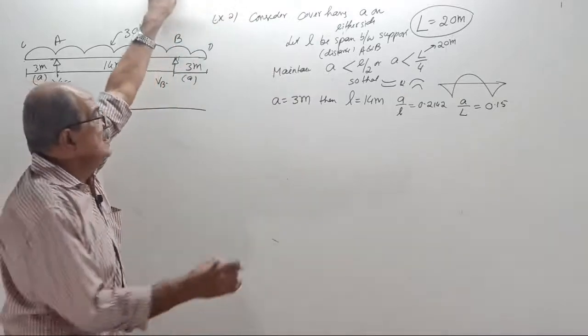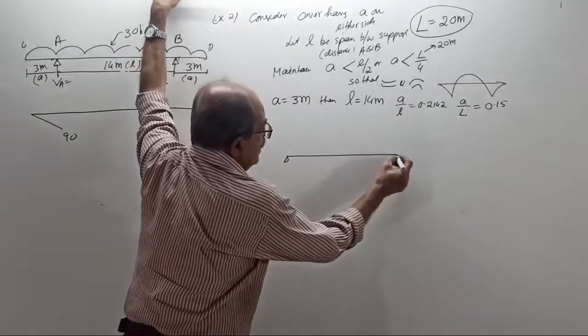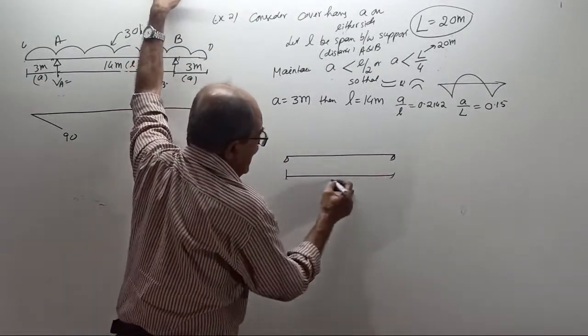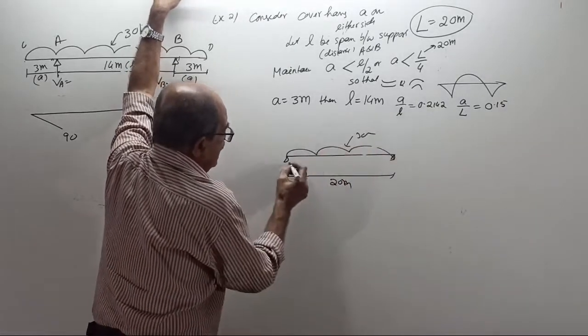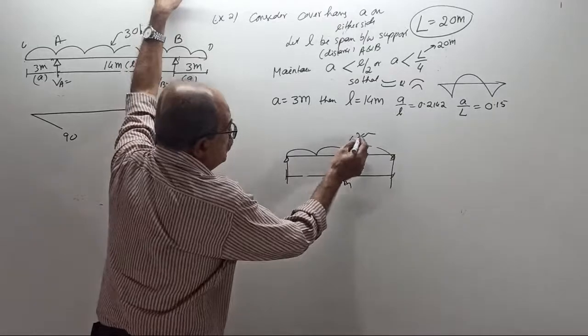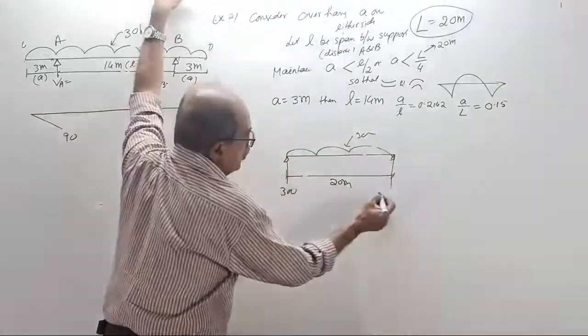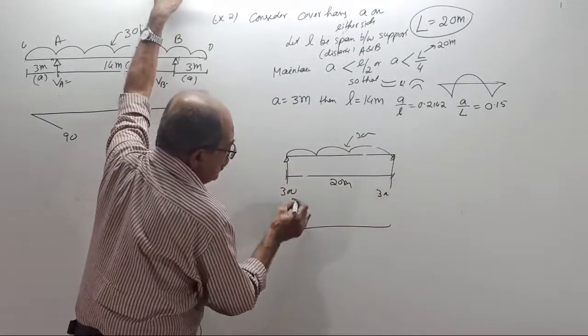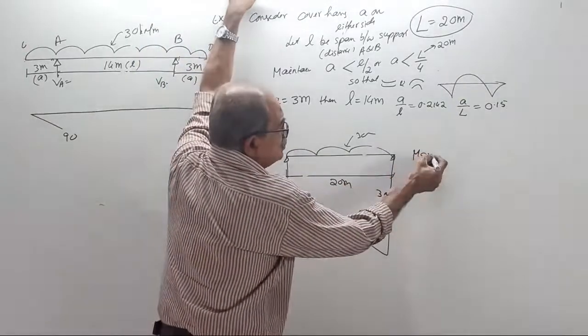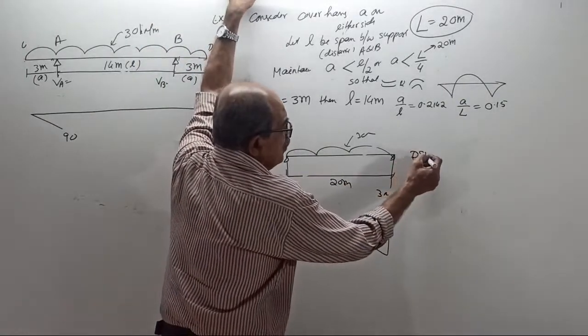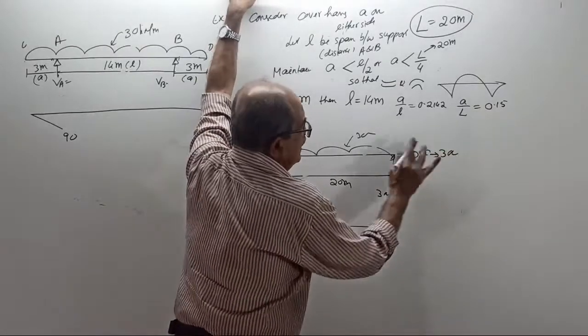When I wrote 20 meter full span, UDL of 30 kN per meter, you write the reaction as 300 kilonewton. In the SFD, the maximum or design shear force is 300.